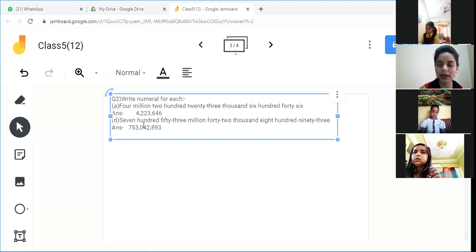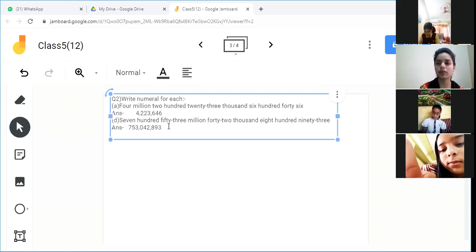So there should be 100,000. That's why it becomes million. Before this 100,000, there should be million. So that's why we are putting 0, because there is no 100,000 given. So that's why we are putting a comma over here. So in this way, you can solve the rest of the parts of this question. Understood, everyone?